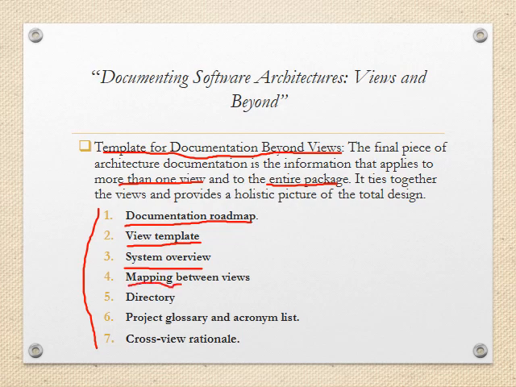Number 4, mapping between views. This shows the correspondence between individual elements in different views, helping a reader or other consumer of the documentation to understand the relationship between views.